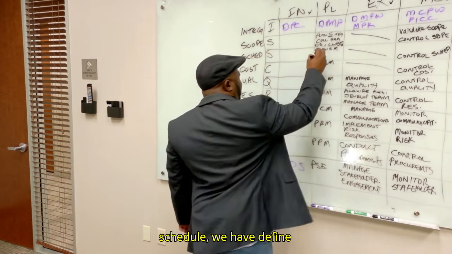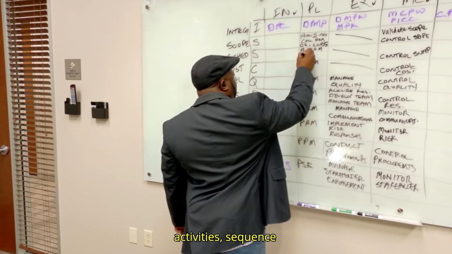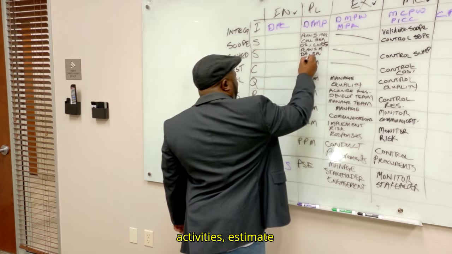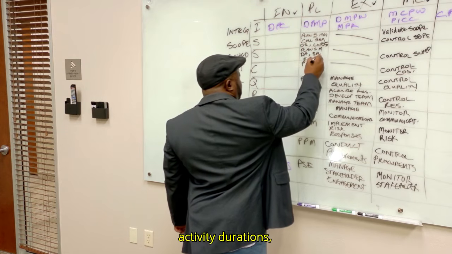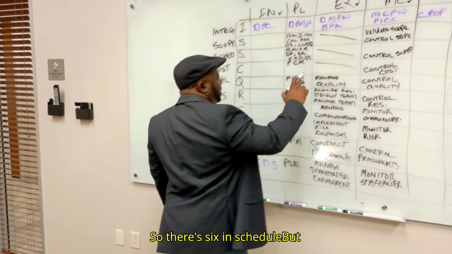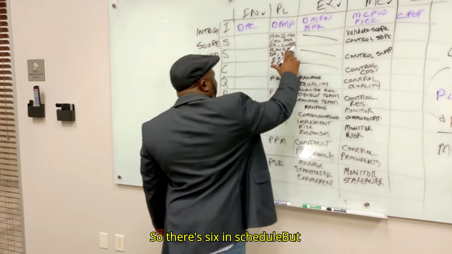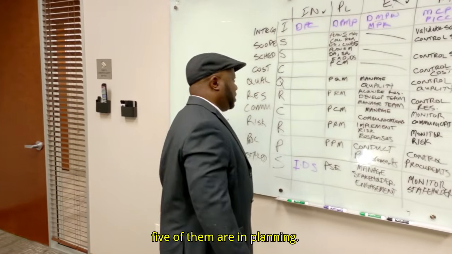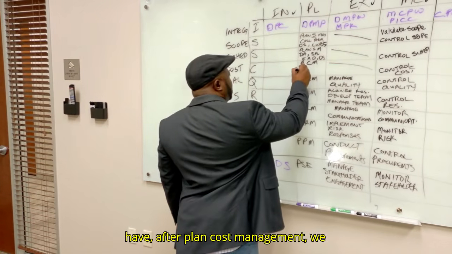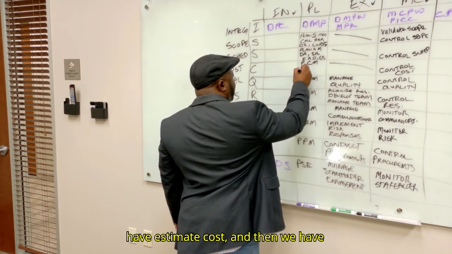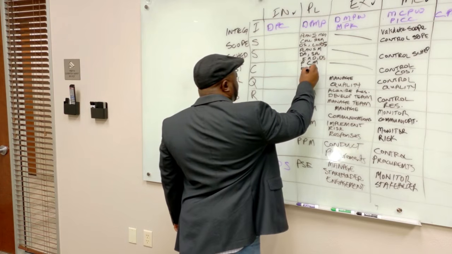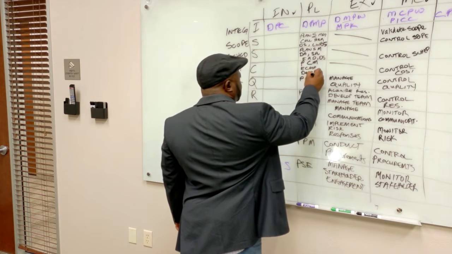Under schedule, we have define activities, sequence activities, estimate activity durations, and develop schedule. So there's 6 in schedule, but 5 of them are in planning. That's wild, isn't it? Under cost, we have, after plan cost management, we have estimate cost, and then we have determine budget.